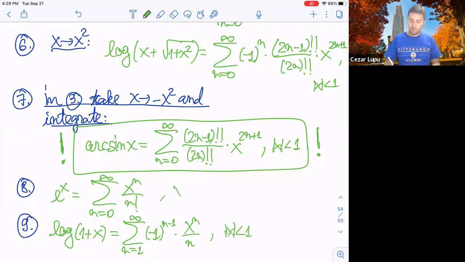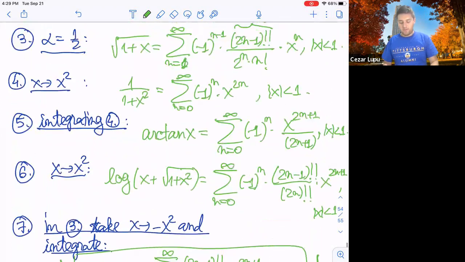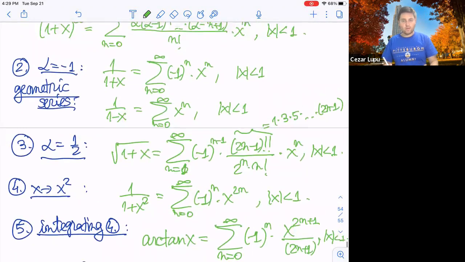All right. So these are the power series for elementary functions. So you can express them in this way. In fact, you can play with them. I just explained a bit how to derive each one of them. As you have seen, most of them can be derived by just using the binomial series. All right.